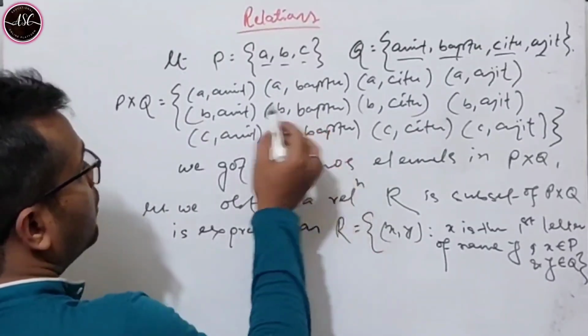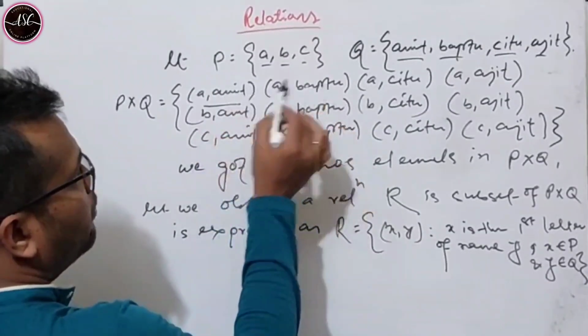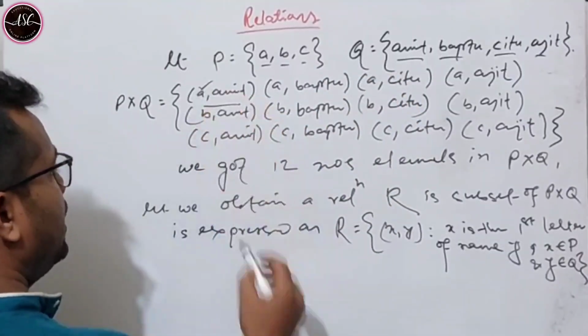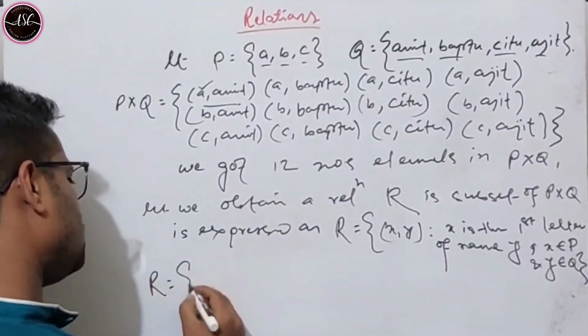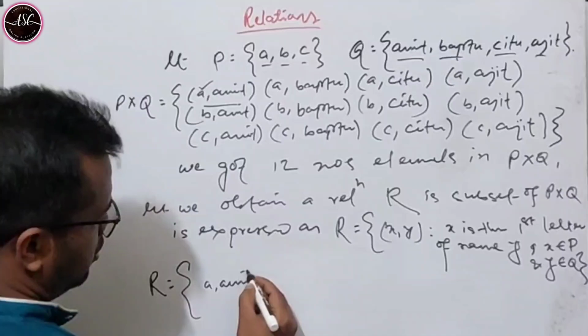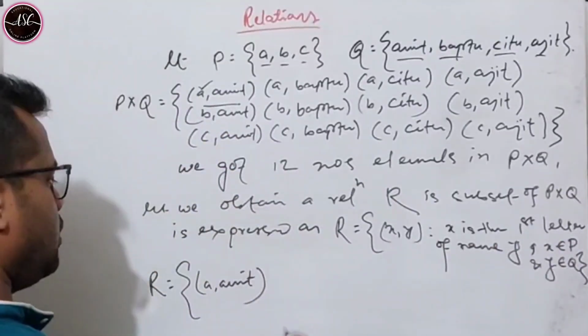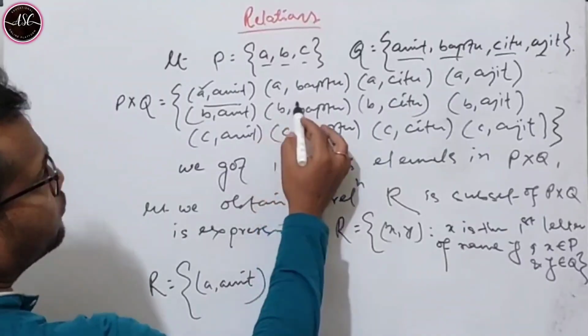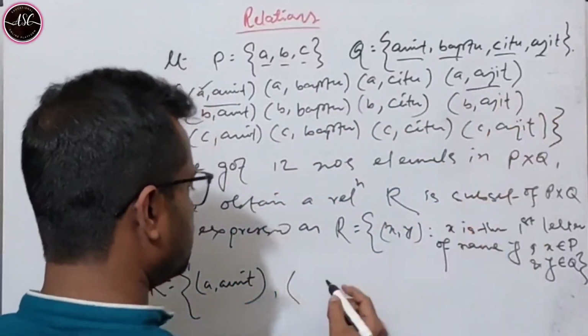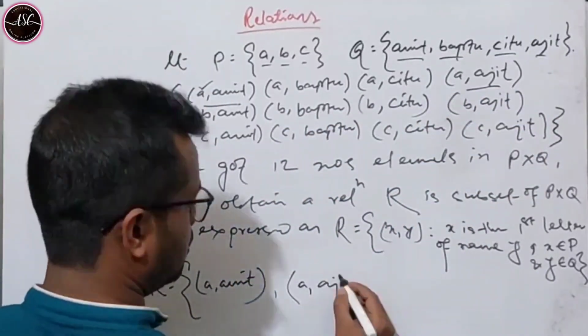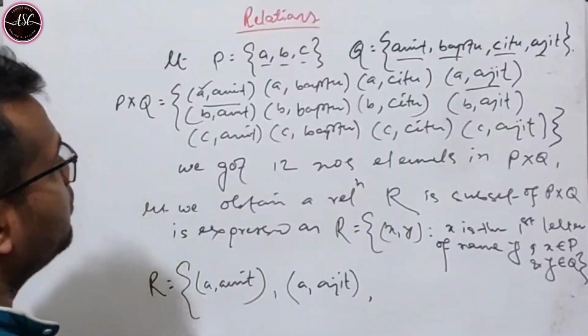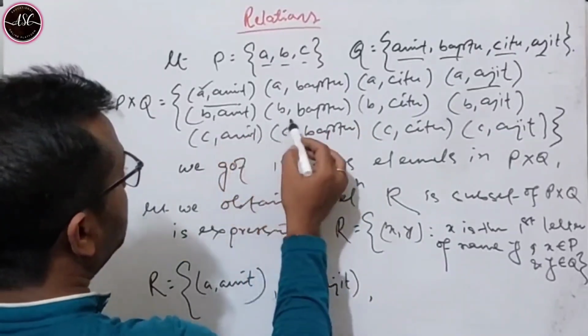The first letter of Amit is A, so R has (A, Amit), which satisfies this relation. Then (A, Ajit) also exists. Then (B, Bhaktu).